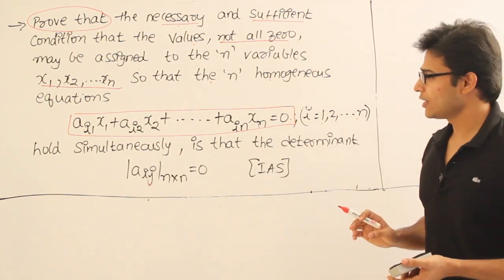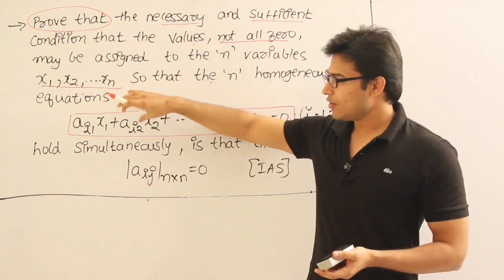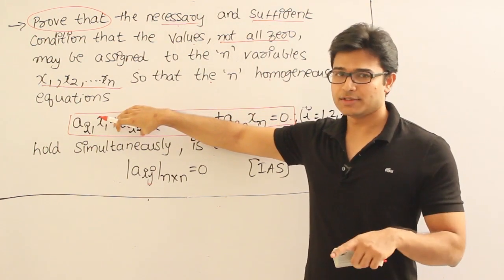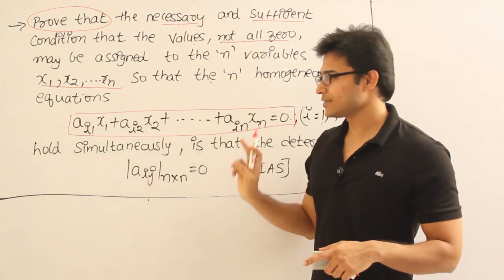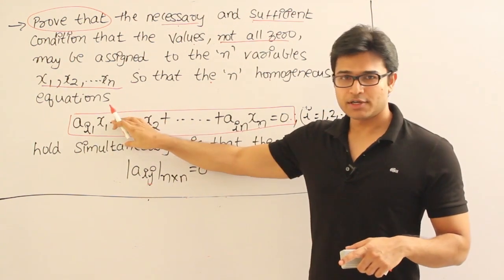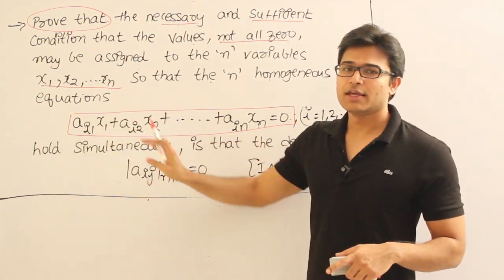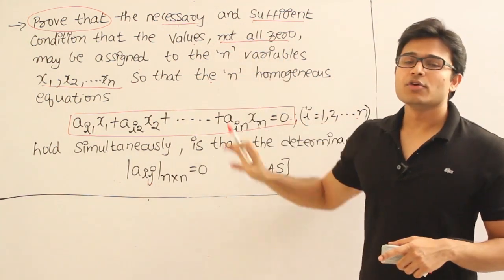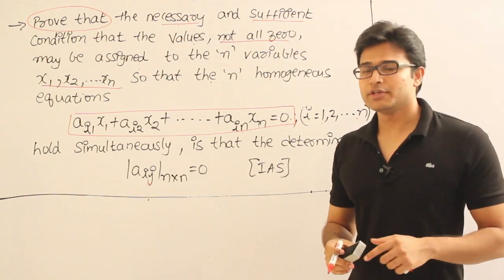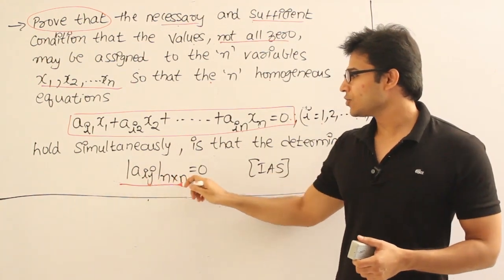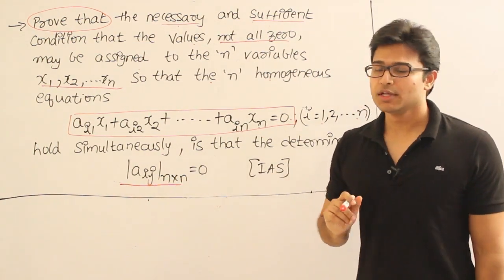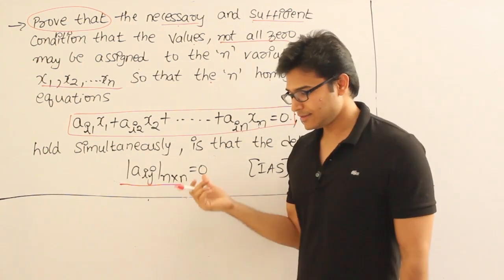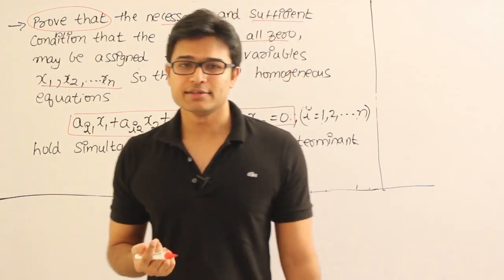What they are trying to say is, if there are n simultaneous equations in n variables, x1, x2, so on xn, and if that is going to have a non-zero solution, then the determinant of the coefficient matrix is 0. So I'll just boil down the question so that you'll understand it, and then let's try to solve both the cases.